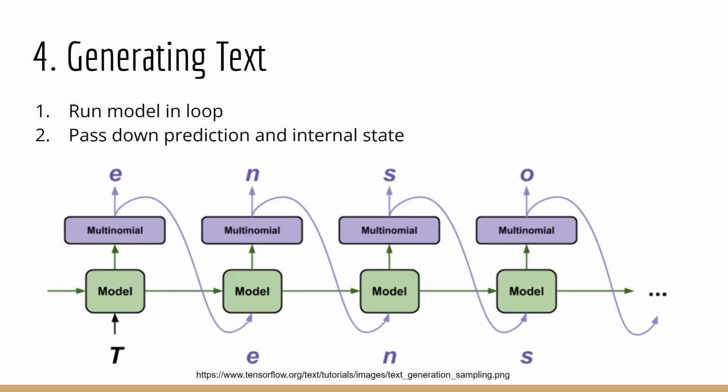So once you train the model and it's learned Shakespeare's existing writing, you can now generate the text. And how you do that is you just run the model in a loop. This architecture is similar to the diagram that was shown when we looked at how RNNs work.